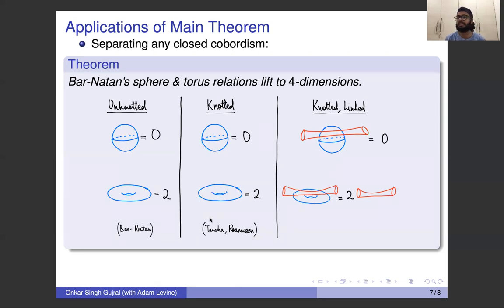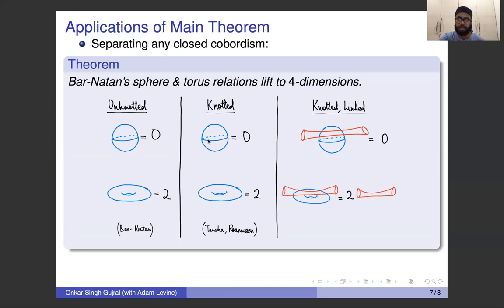The case that they consider is where the torus is allowed to be knotted in some complicated way. If you looked at an unknotted torus, by Bar-Natan's relation, you know that's multiplication by 2. But what Tanaka and Rasmussen showed is that even if your torus was knotted in some complicated way in 4 space, the induced Khovanov map is still multiplication by 2.